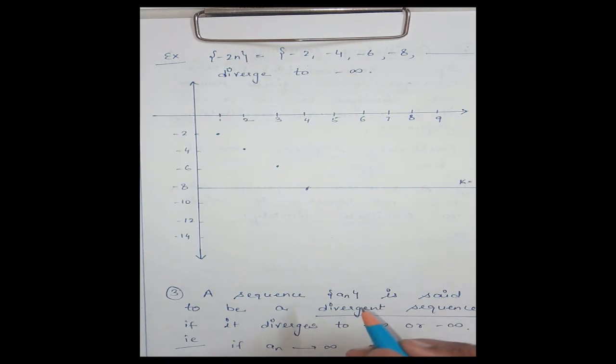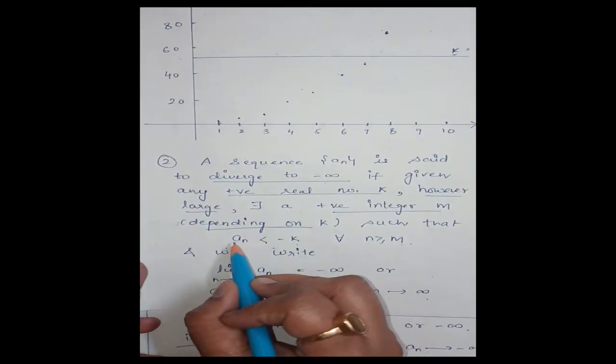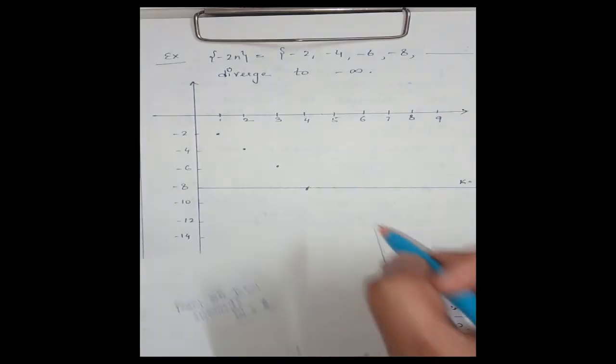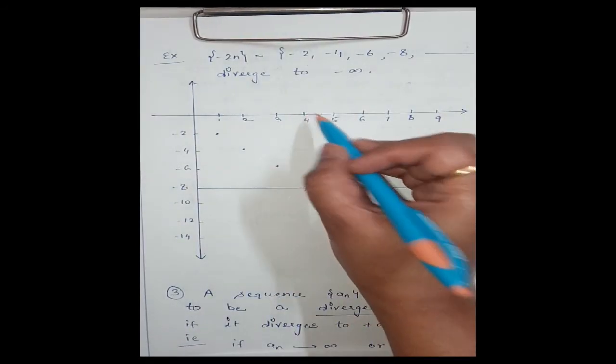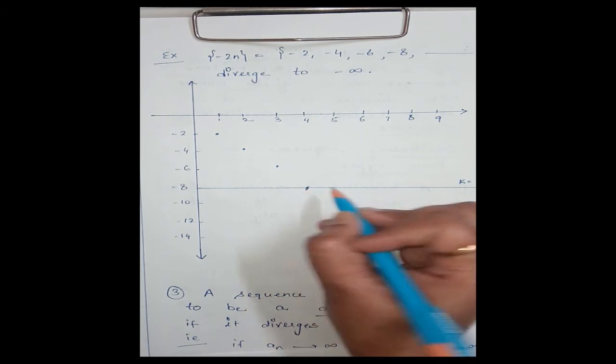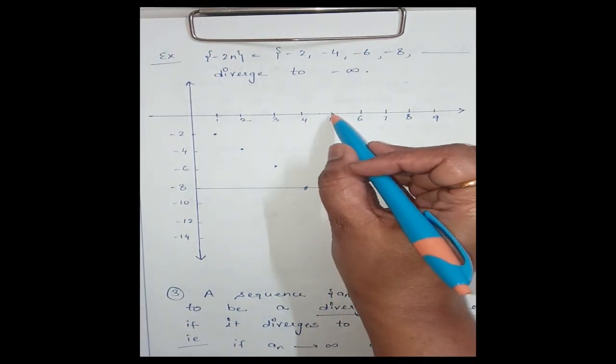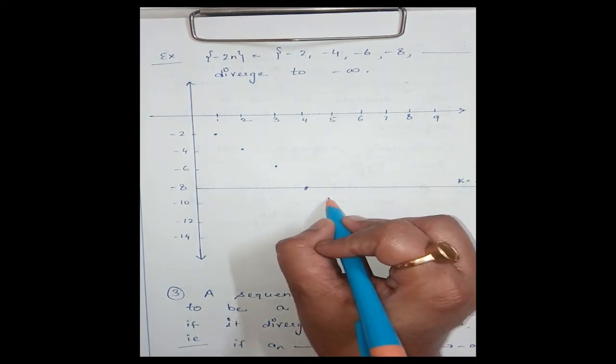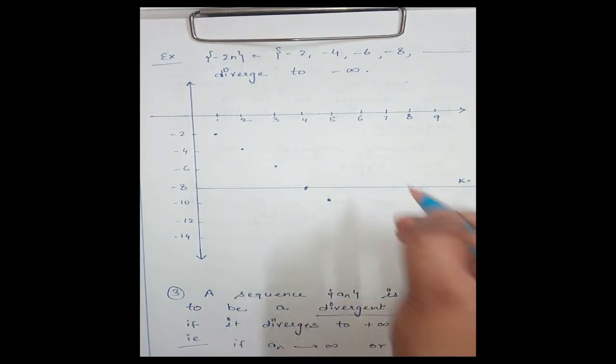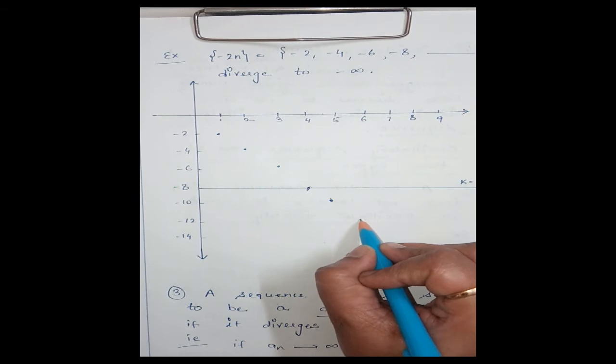So from here, by definition, we must have an less than minus k. When k is 8, on the fourth term, we have minus 8 here. Now, from the fifth term, when n is 5, we have minus 10. Then 6, minus 12. Then minus 14 and so on.